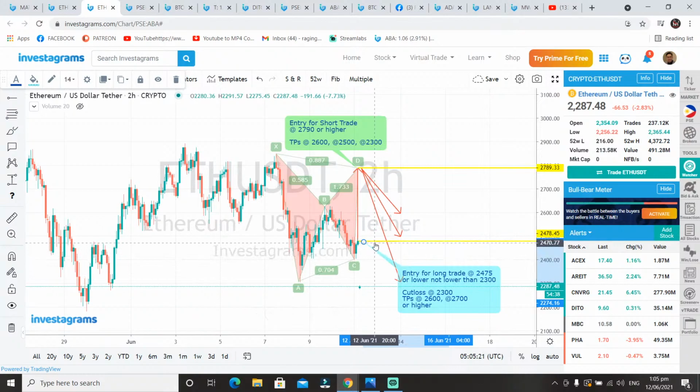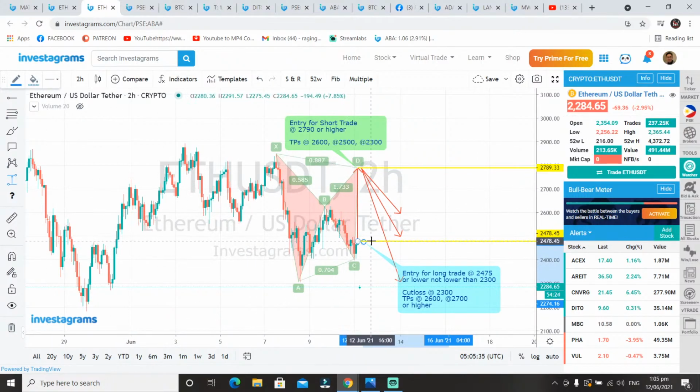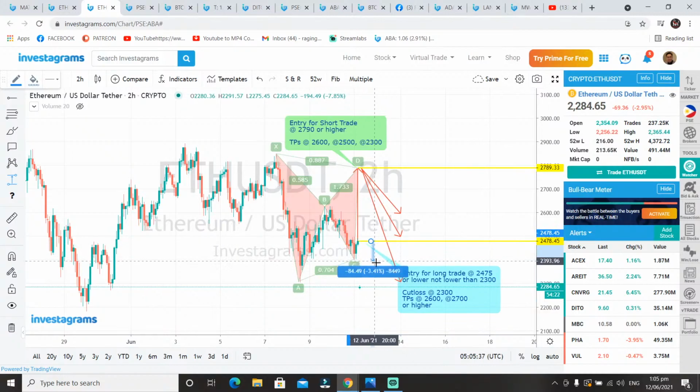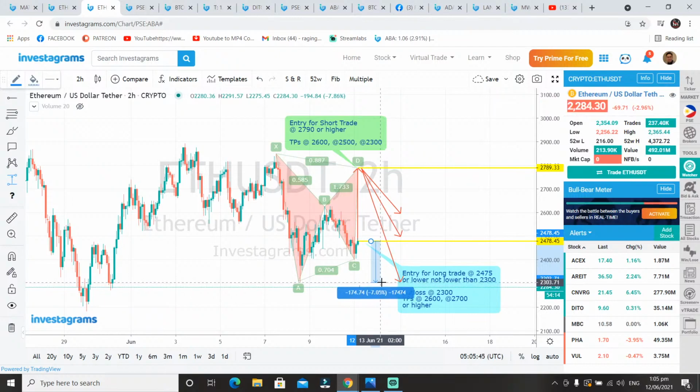But if you manage to enter at this price or a little bit lower, I expect you to use minimum leverage, or not use leverage at all, because if you compute your risk, if you entered at this price and it reaches our cut loss level, that's too much. So I said the cut loss should be about 23.